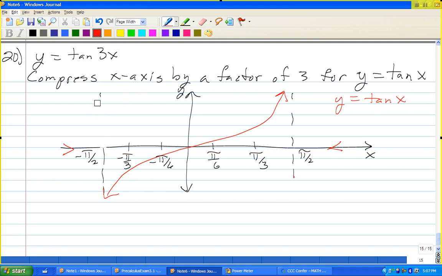Maybe I should have done that in red. I should do these in red, because those are the asymptotes for this guy. Okay, so now let's do it in black.